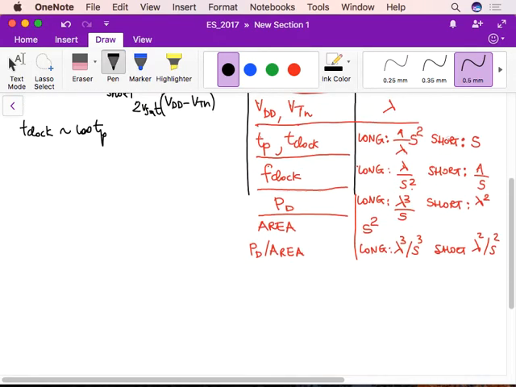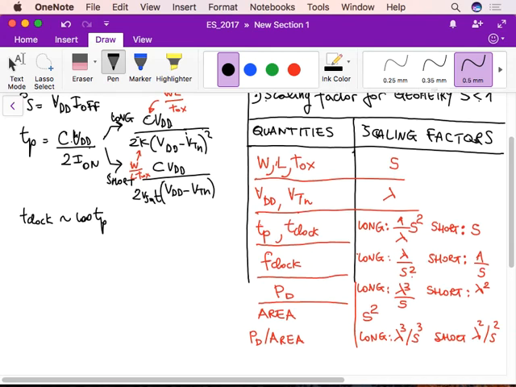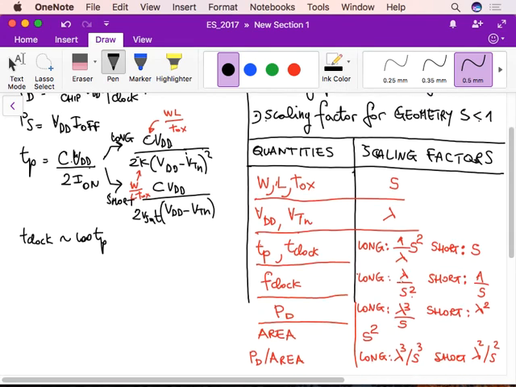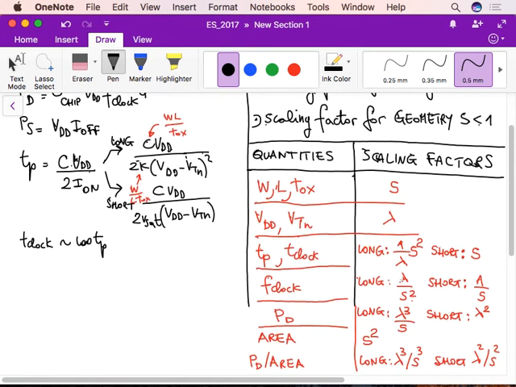Okay, now, what happens here? Look at this situation. If we have a constant lambda, and we only vary the dimension, the propagation delay goes down, because lambda is equal to 1 and s is smaller than 1.